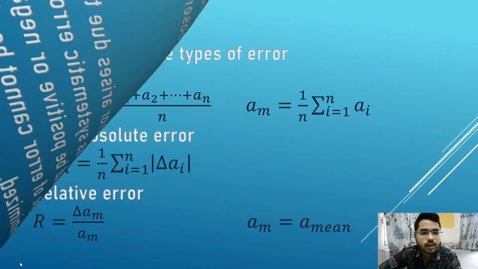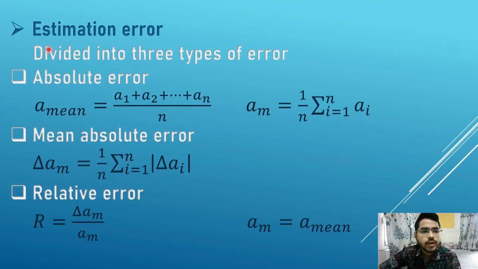Now turning to the next slide, estimated error is divided into three types: absolute error, mean absolute error, and relative error. These have some formulas. Absolute error: a mean is equal to a1 plus a2 plus dot dot dot plus an, divided by n.